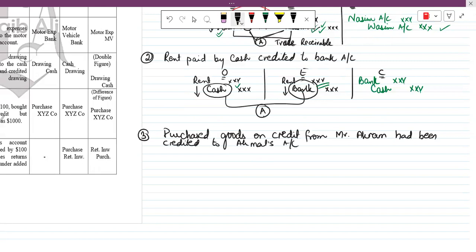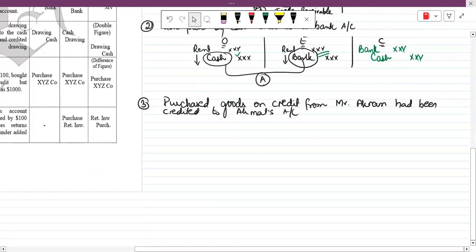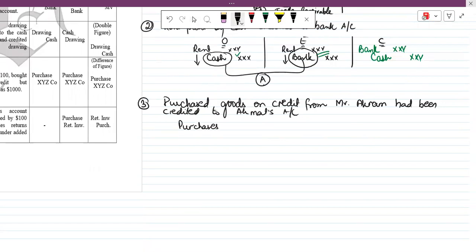Now here we purchase goods on credit. So originally the entry should have been purchases debit and Akram's account, which is a liability, should have been credited.